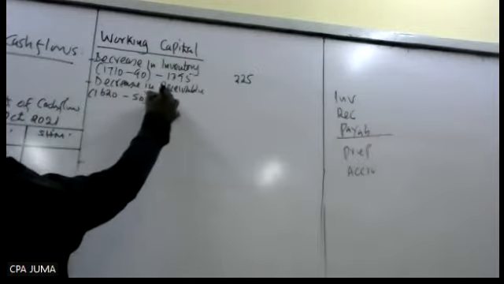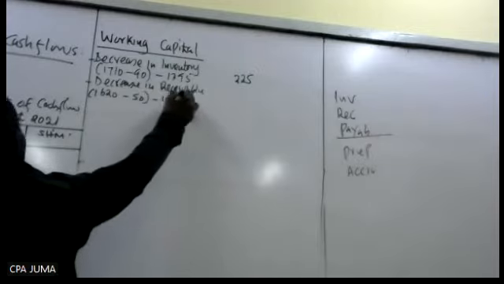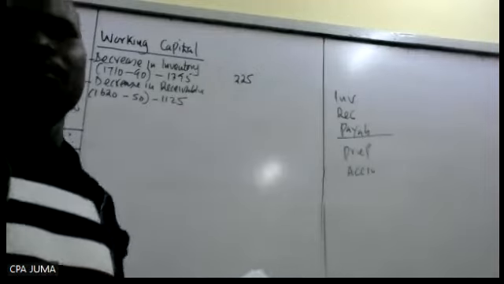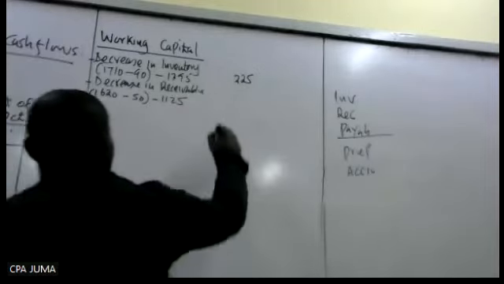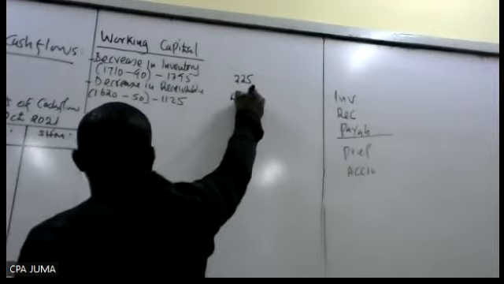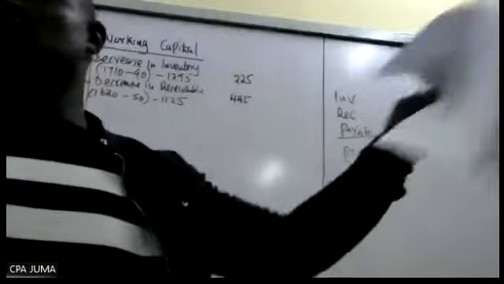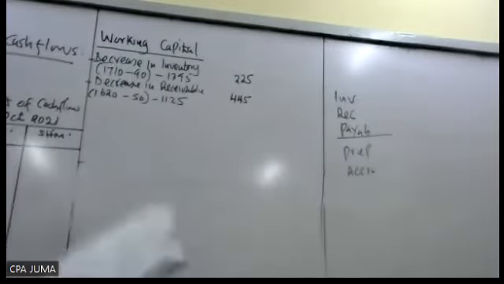We closed with how much? 1125. A decrease of how much? 445. That one also you add. Decrease in receivables means you collect debts.